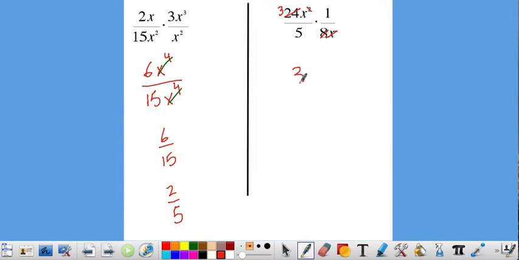So on top, we're left with 3x over 5. So I'm just illustrating that you can cancel before you multiply, or you can multiply and then cancel like we did here. It doesn't technically matter. You could have done 24x squared over 40x and got to the exact same place if you multiplied across.